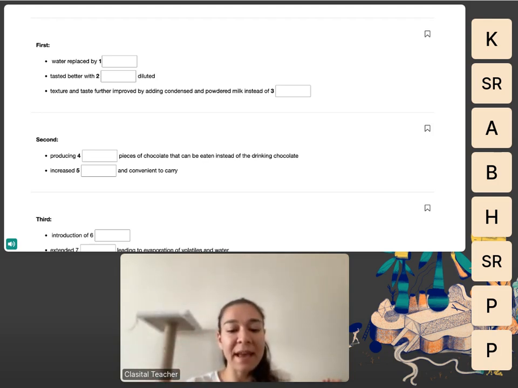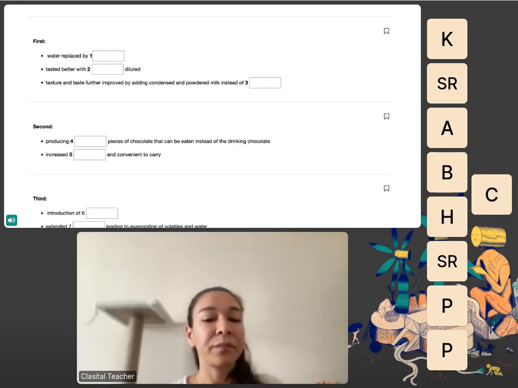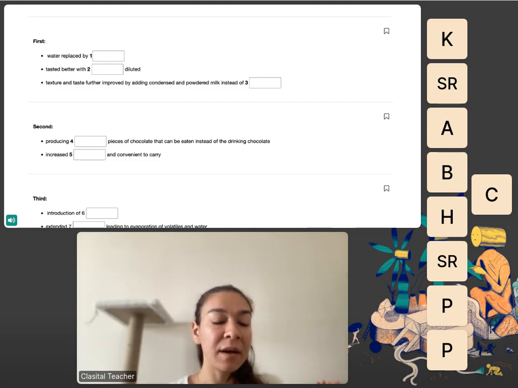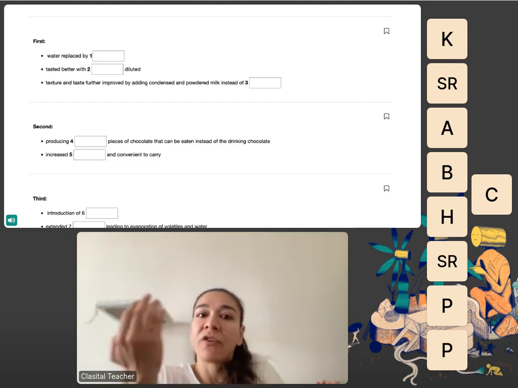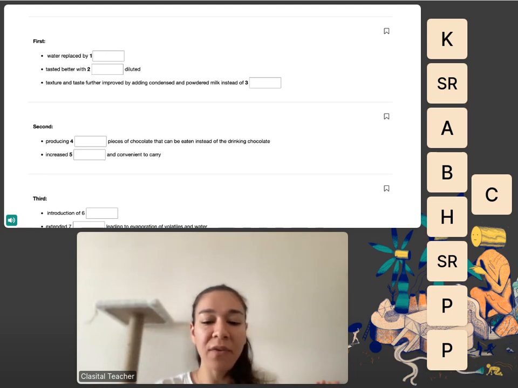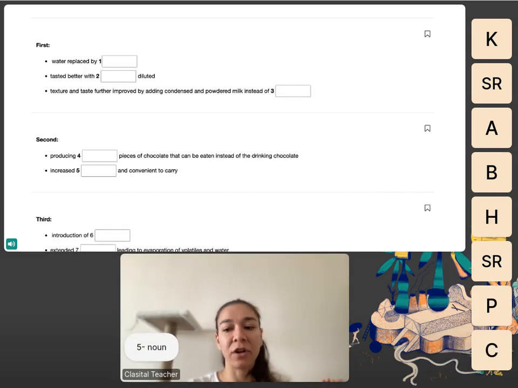So 4 will be an adjective, most probably, that can be eaten instead of drinking chocolate. Let's continue. Increased something and convenient to carry. Increased quality, increased value. So 5 will be a noun, most probably.